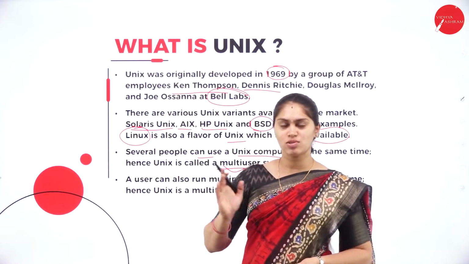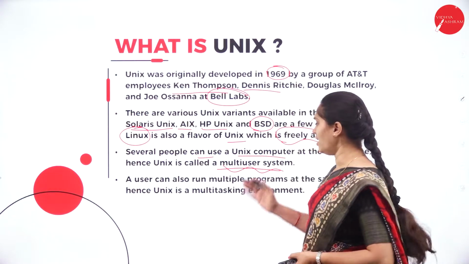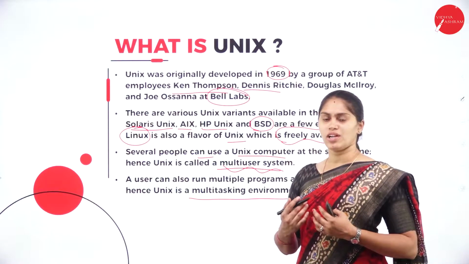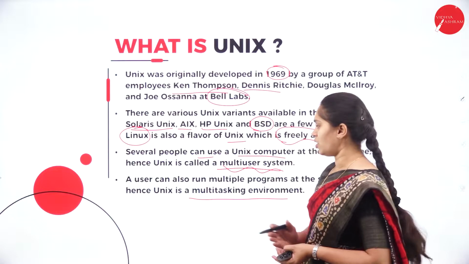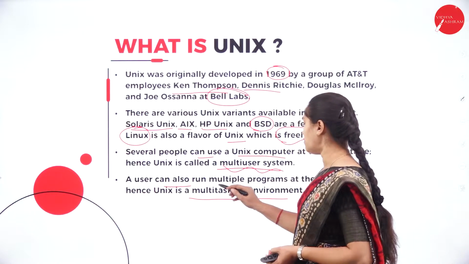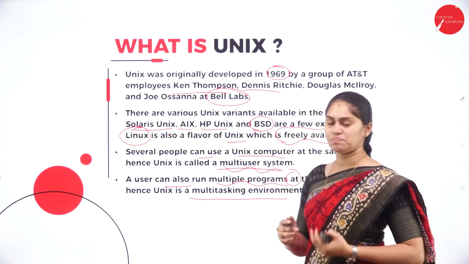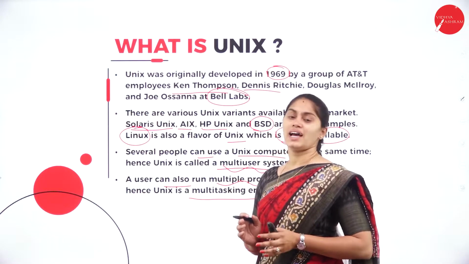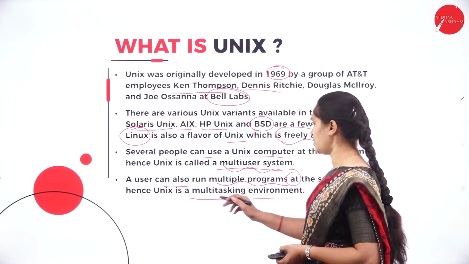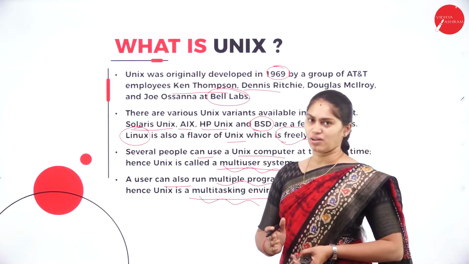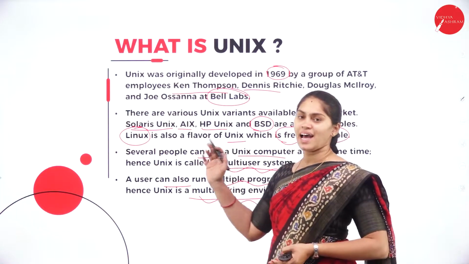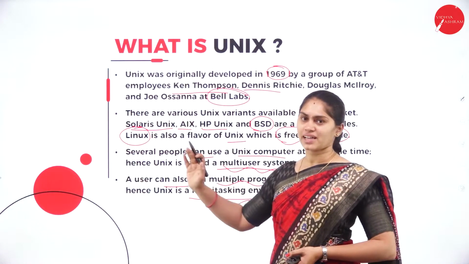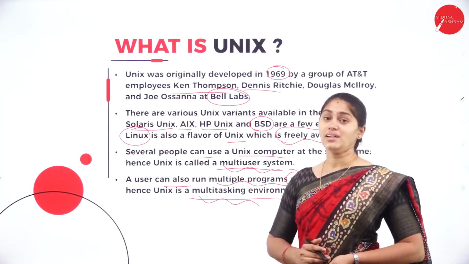It is also a multitasking environment, which means a user can run more than one program simultaneously. So Unix is multitasking as well as multi-user, and you can write Linux and Unix as examples for this category.